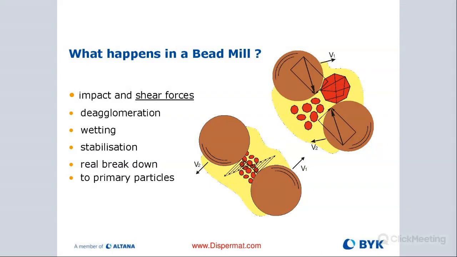Think about the rubber duck syndrome in the bathtub: as you try to squeeze that rubber duck, it always tries to escape your hands, and it's very hard to actually catch. That's exactly what's happening inside of a bead mill, except at much higher speeds and a lot more force, and that action, as the beads drift towards each other, is causing these particles to just shear away and break up these binding forces. That's really what's happening inside of a bead mill.